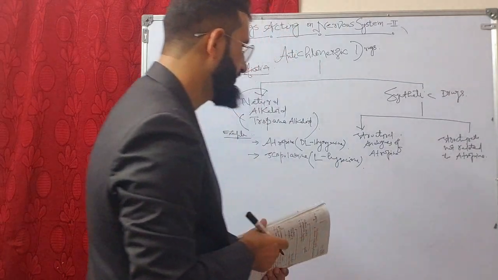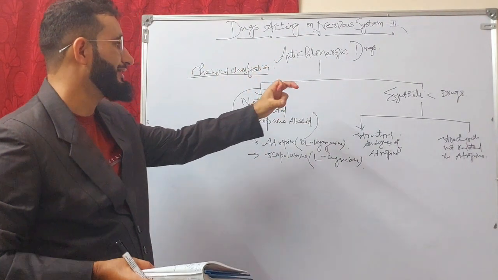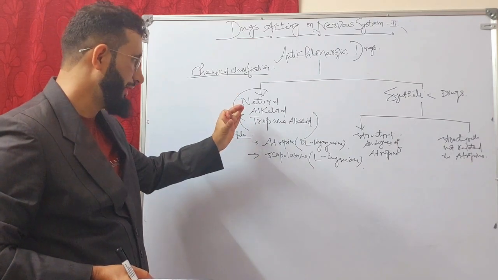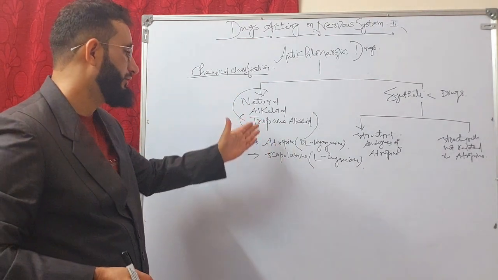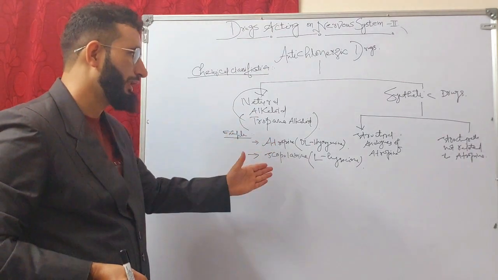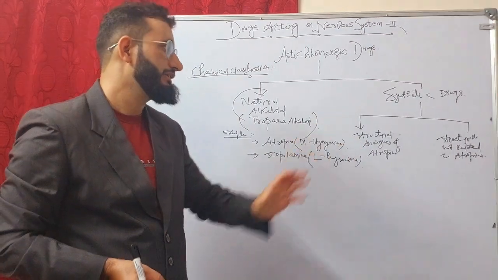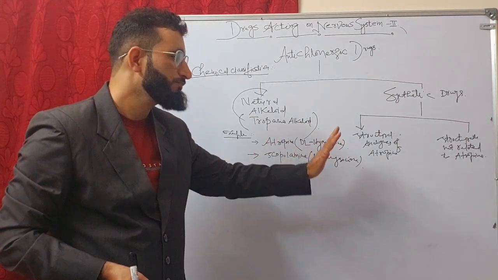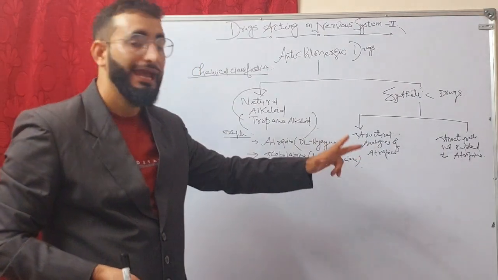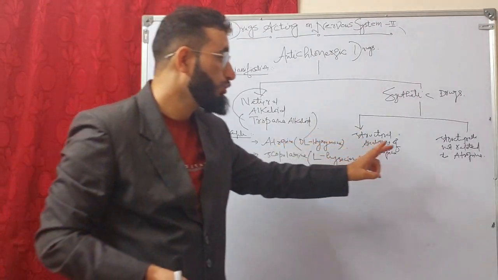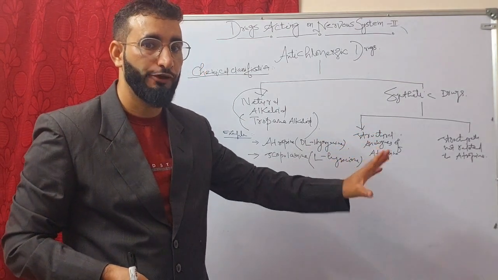So just a brief recap. Anticholinergic drugs are classified into two types. First one we have natural alkaloids, that's the tropine alkaloid. In the example we have atropine and scopolamine. Second we have synthetic drugs. In synthetic drugs it is further subdivided into two classes. One is structural analogues of atropine, and another one is structurally not related to atropine.